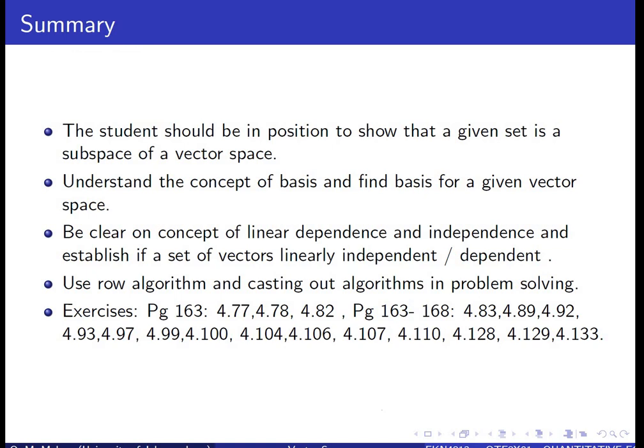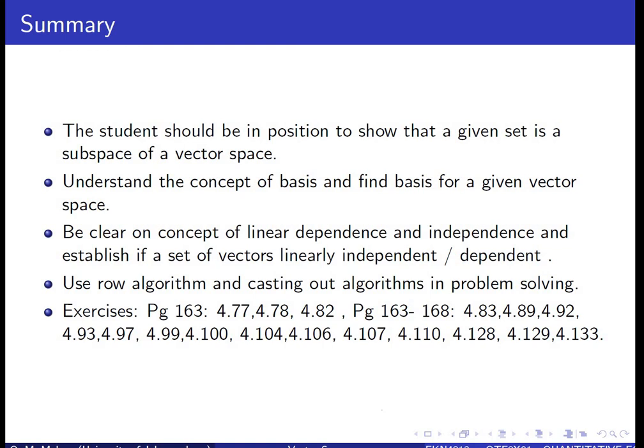So in terms of the exercises for this chapter on vector spaces, we used a linear algebra textbook. It's Schaum's Outline Series. It's not Reading, Writing, and Proving.